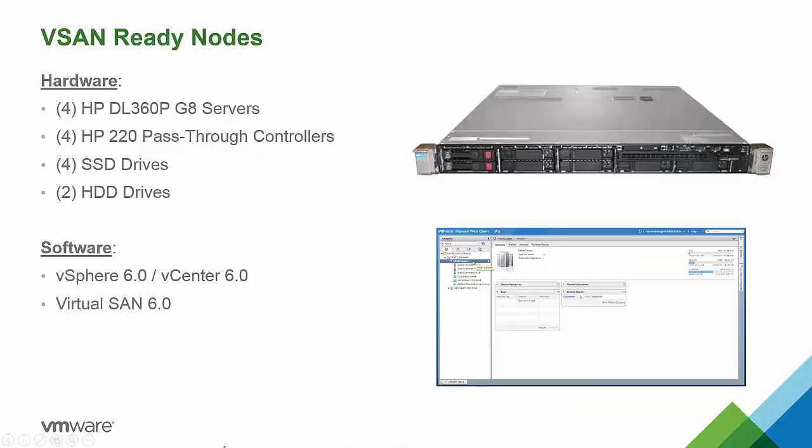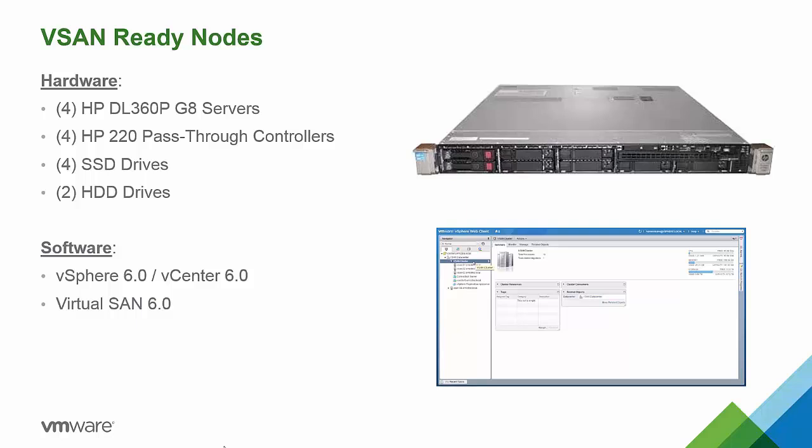The ready nodes that we have purchased and installed already into the Tech Data Solution Center are HP DL360p G8 servers. These are just one of the many vSAN ready nodes that you can purchase.